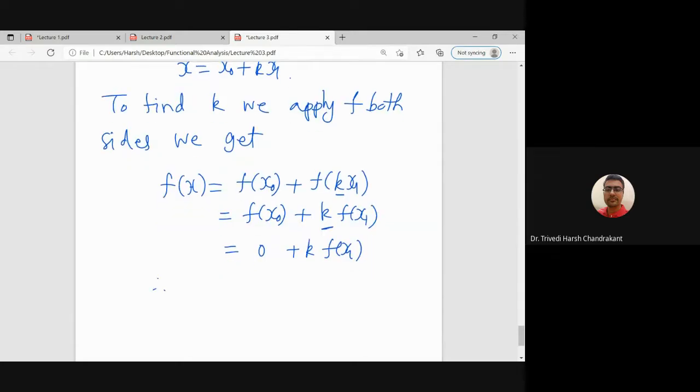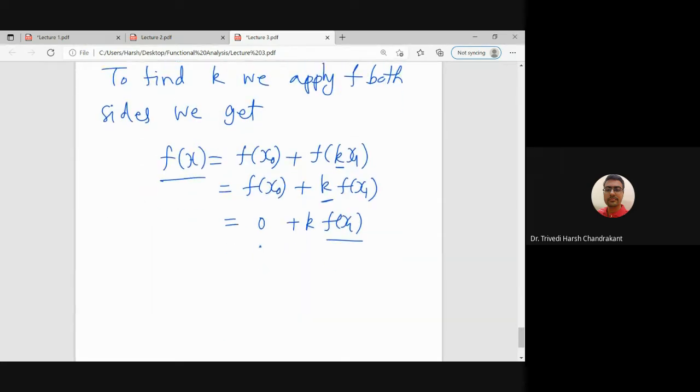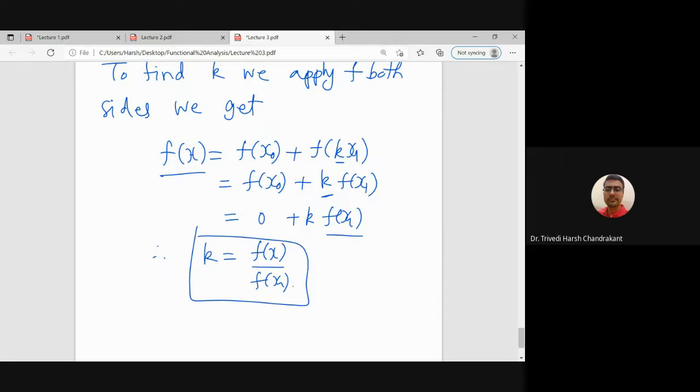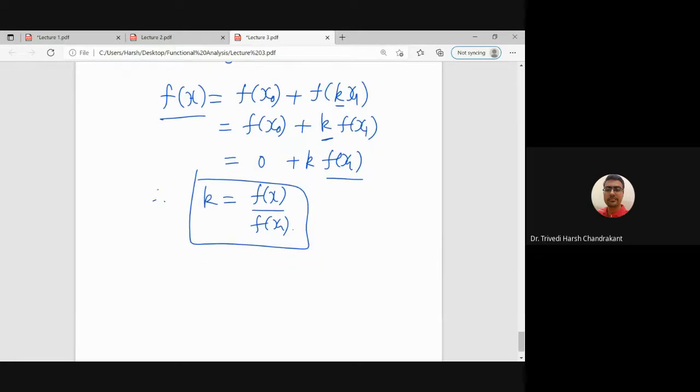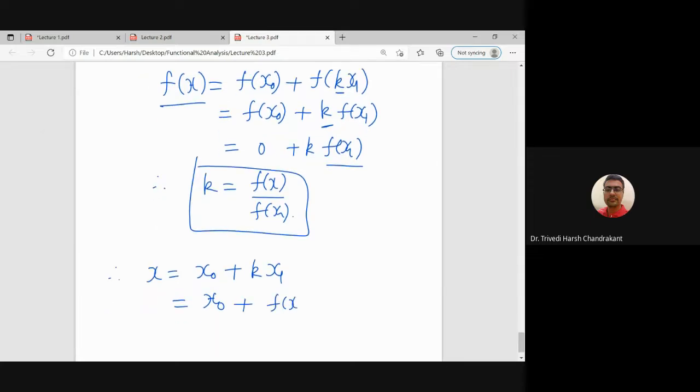Finally, k equals F(x) divided by F(x1). If we can write x in this form, then k must be this one. Therefore x equals x0 plus k x1, where k is F(x) divided by F(x1).